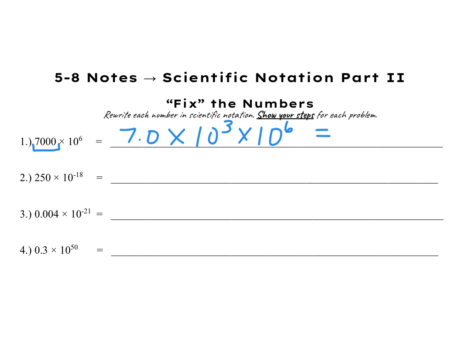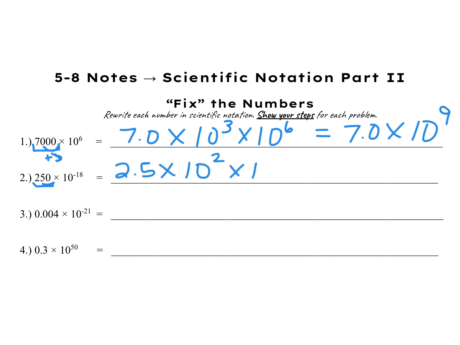Okay, so just a reminder, like we did before, 7,000 in scientific notation is going to be 7.0 times 10 to the third power, but we're multiplying that times 10 to the sixth power. We combine the exponents on the 10, leaving us with 7.0 times 10 to the ninth power. So essentially, we're moving back 3 places, so we would add 3 to the sixth. So 250, we have to move that decimal point back 2 places, so that's going to leave us with 2.5 times 10 to the second power, but we're adding on times 10 to the negative 18th.